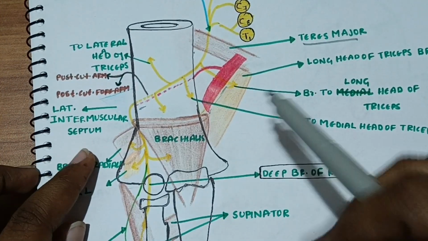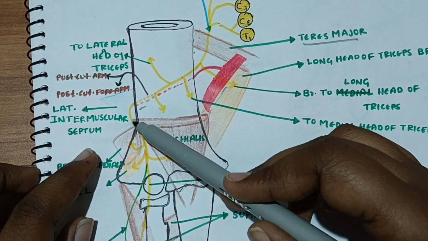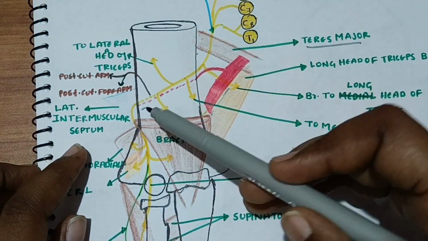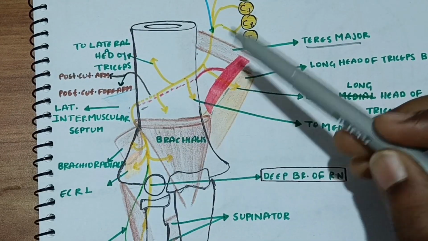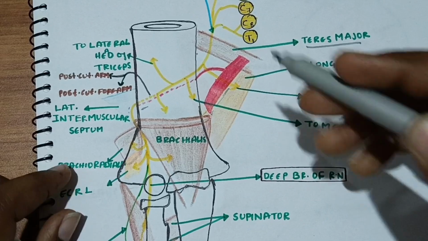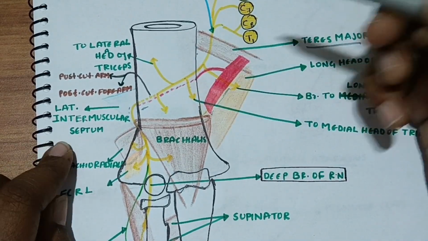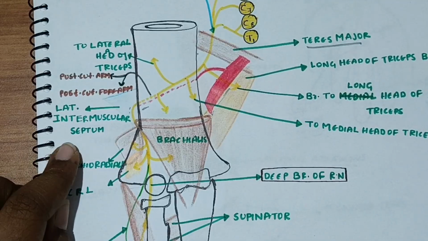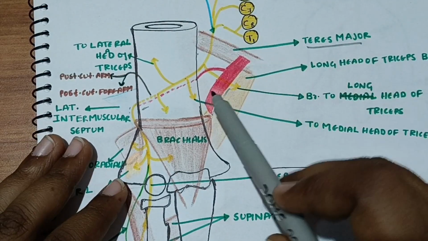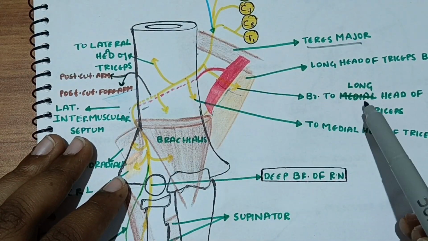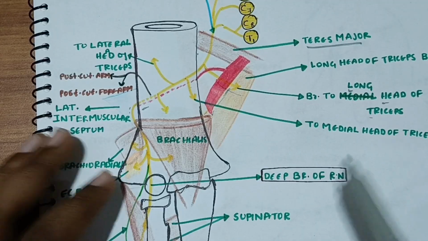After crossing the spiral groove, it again enters anteriorly. Before entering the spiral groove, it gives a branch to the long head of triceps.